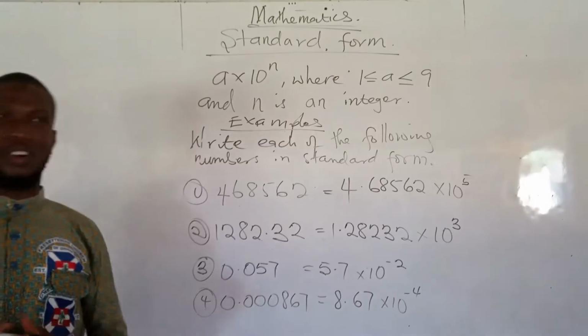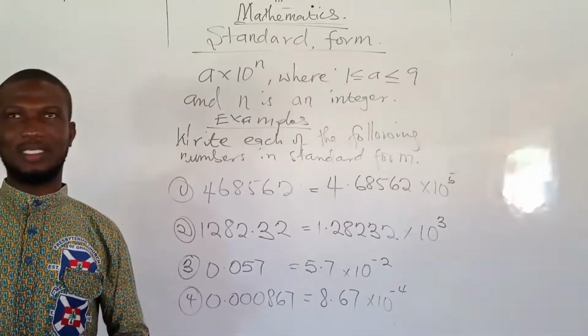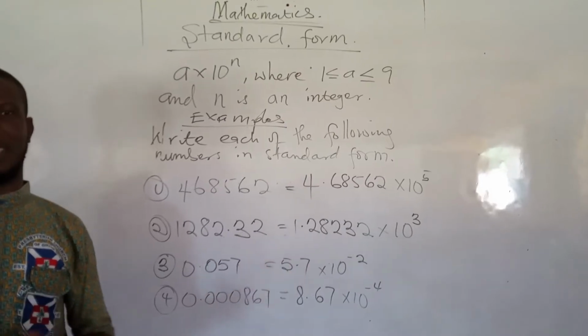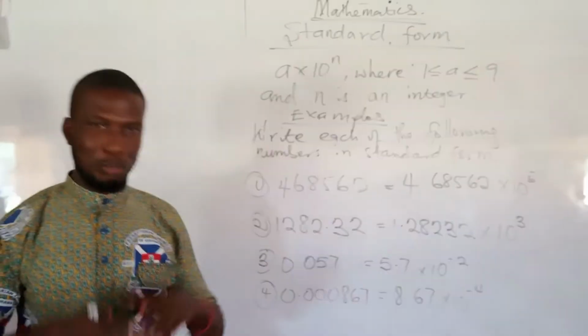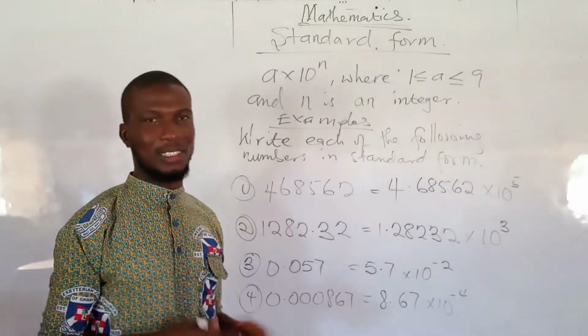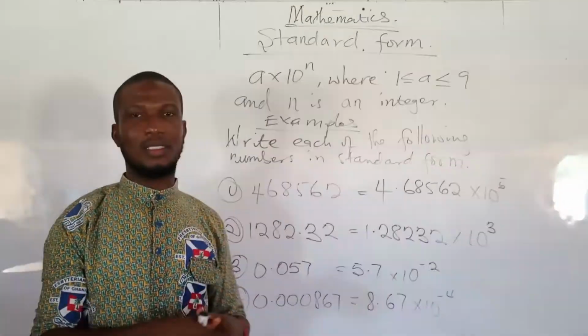So this is all writing numbers in standard form is about, but it doesn't end there. Let us take operations on numbers in standard form, which is a bit more challenging than this, but we are going to apply this.